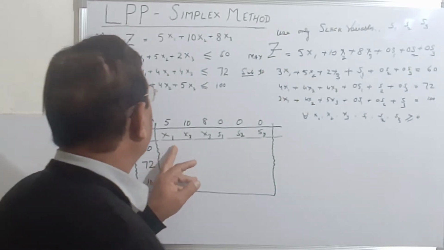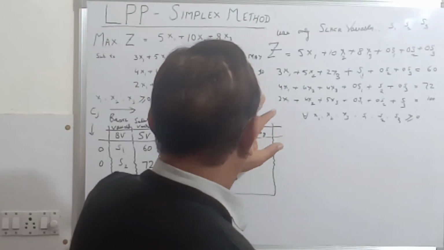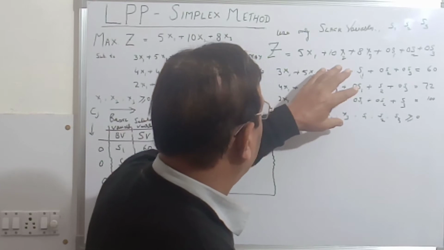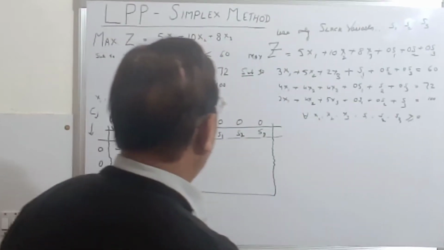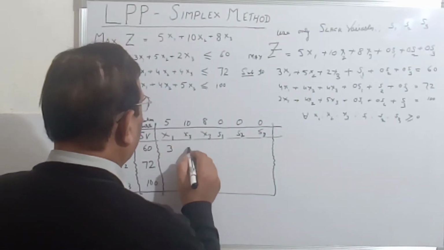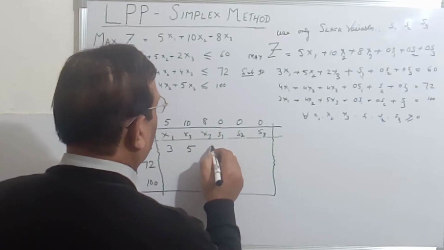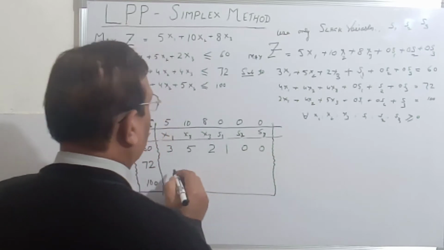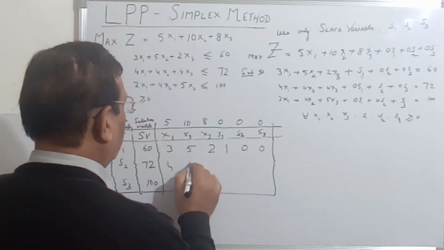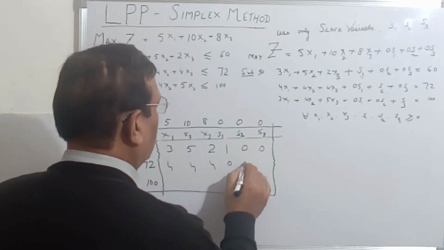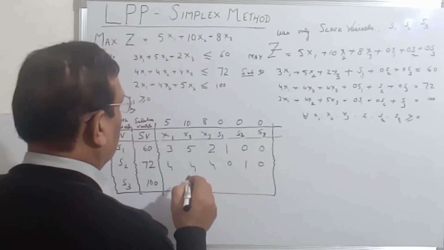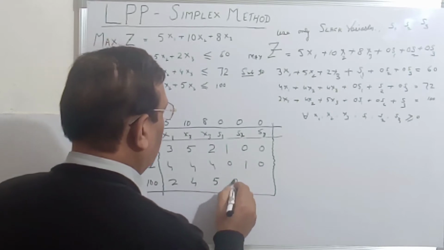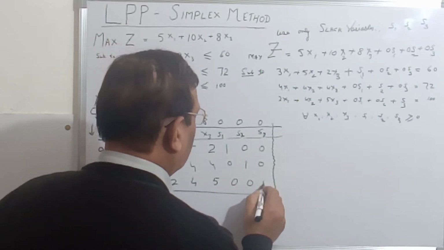Now the coefficients of these variables are put from the body of the matrix. Body of the matrix is 3, 5, 2, 1, 0, 0. 4, 4, 4, 0, 1, 0. 2, 4, 5, 0, 0, 1.